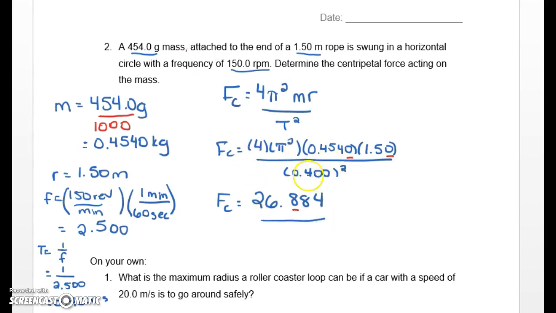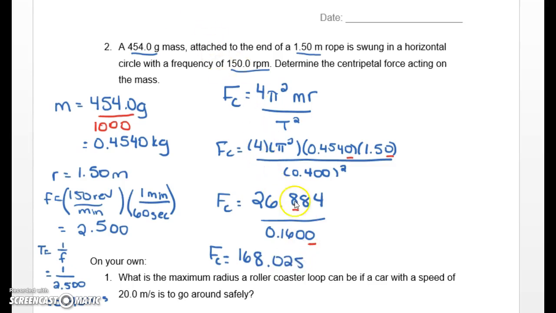Now I'm going to do my denominator, so I have 0.400 squared, gives me 0.16, and then I'm going to add in 2 zeros afterwards just to account for my sig figs. Alright, so now I'm going to divide these two numbers. I'm going to plug that into my calculator, and you should get 168.025.